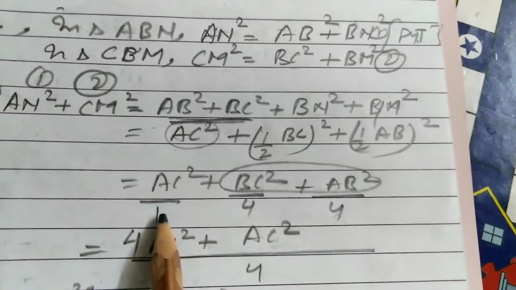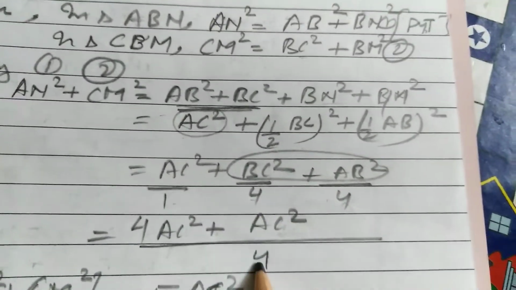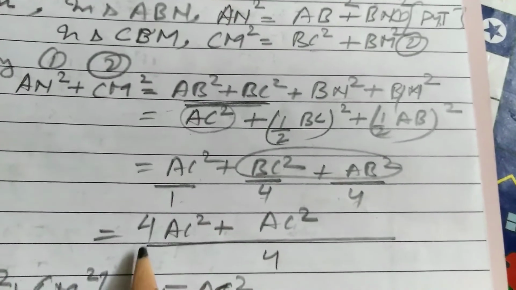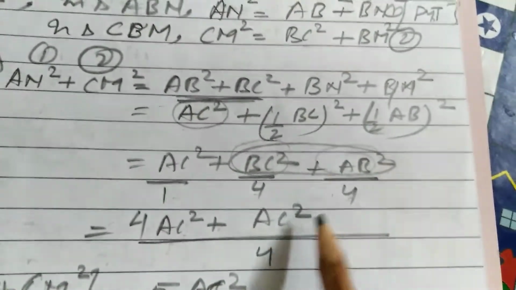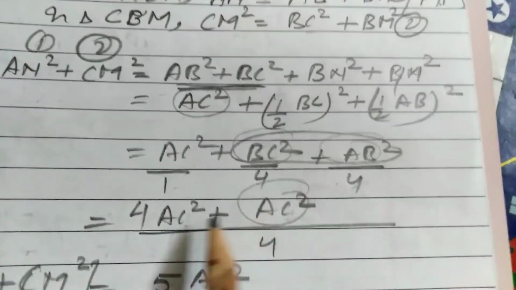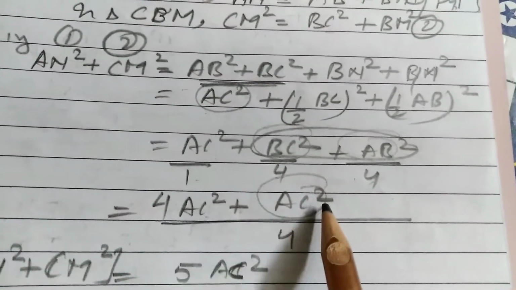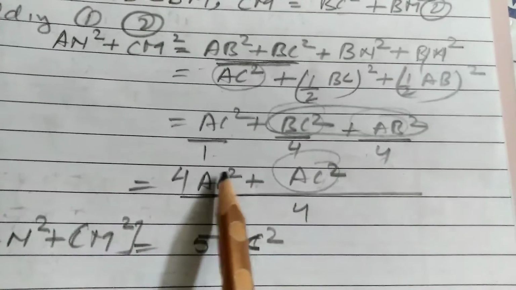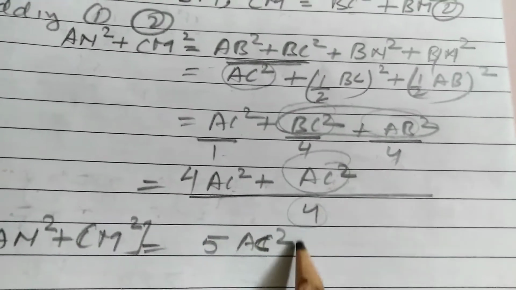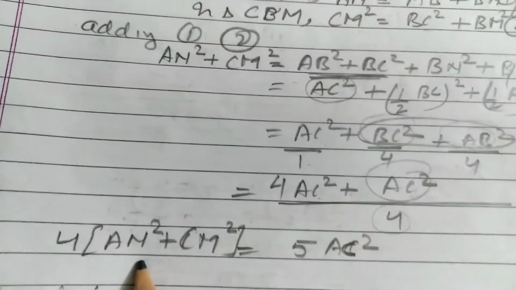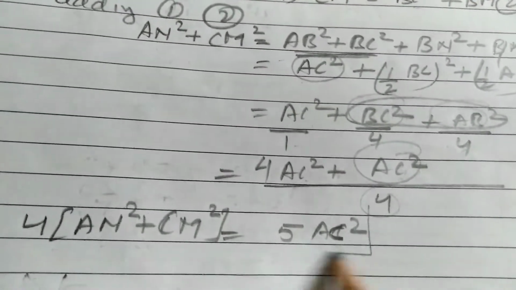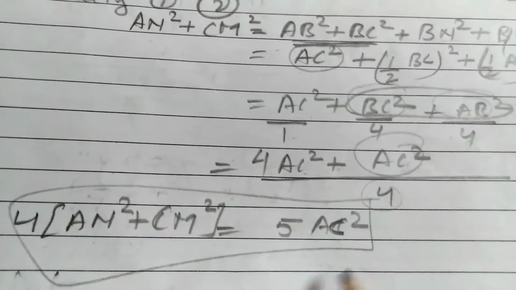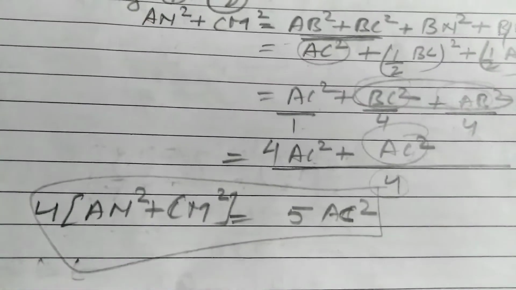Now we'll take the LCM: 1, 4, 4, the LCM will be 4. 4 multiplied by AC, that is 4AC square. Again, BC square plus AB square will give us AC square. So 4 times AC square plus AC square will give us 5AC square, and 4 will be cross multiplied to this side. So 4 times (AN square plus CM square) is equal to 5 times AC square.